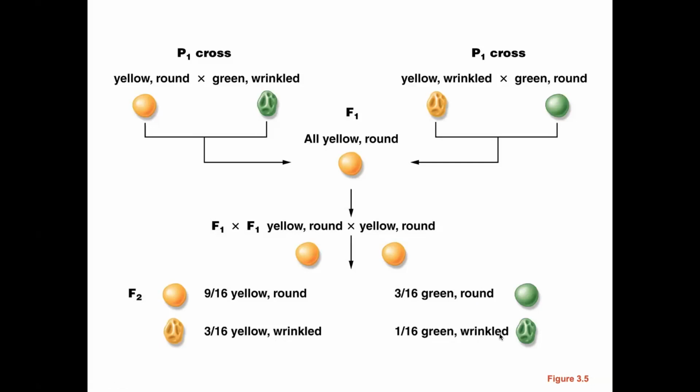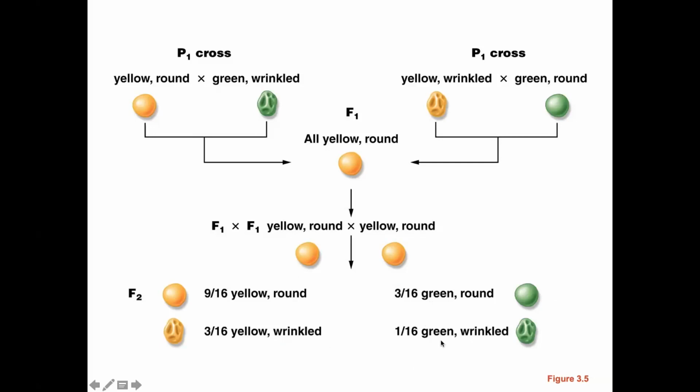You can do it the other way. You can look at those that are round, that's 12/16 of the population, 9/12 are yellow and 3/12 are green. So 3:1. Of the round seeded plants, they segregate 3:1 for color. Then you go down here and look at the wrinkled seeded plants. That's 4/16 of the population, 3/4 are yellow and 1/4 are green.